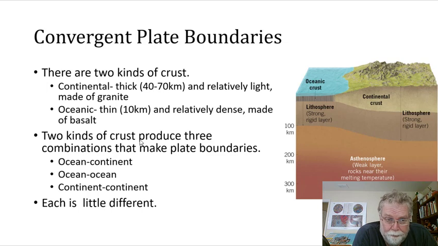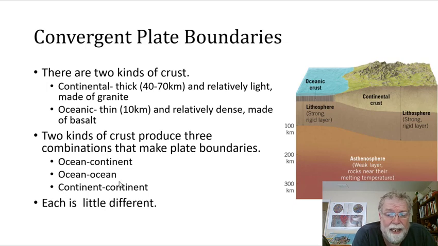And so if I have two different kinds of crust, if I've got thick, lighter continental crust, and I've got thin, denser oceanic crust, that brings up three different combinations, right? So if I'm going to bring these together, I can bring ocean up against continent, I can bring oceanic crust up against oceanic crust, or I can bring continent up against continent, right?